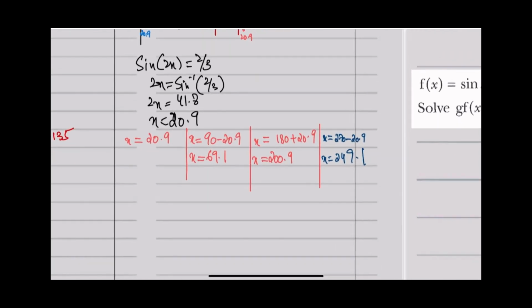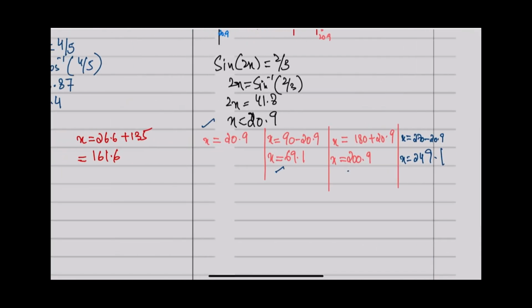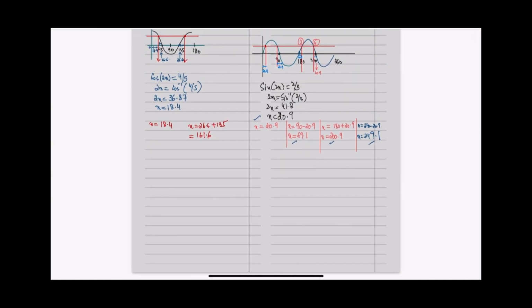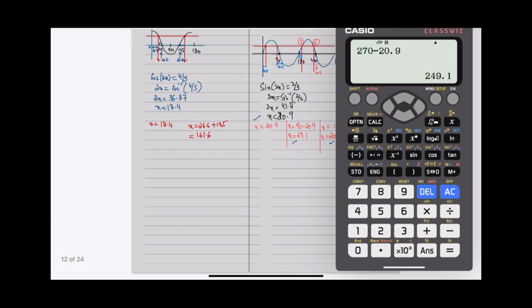Now these are the 4 values that we got within the domain. So let's check all the values. Since the function is sine 2x, I'll just write answer here, which means that whichever value I plug in will automatically be the same.